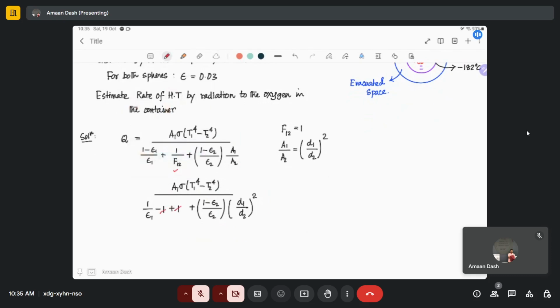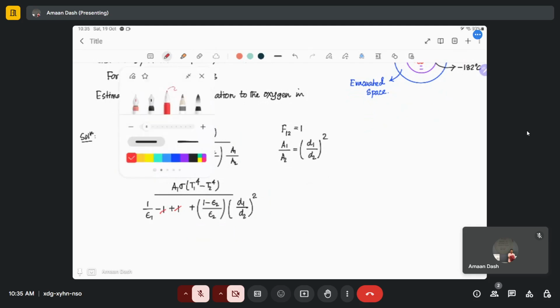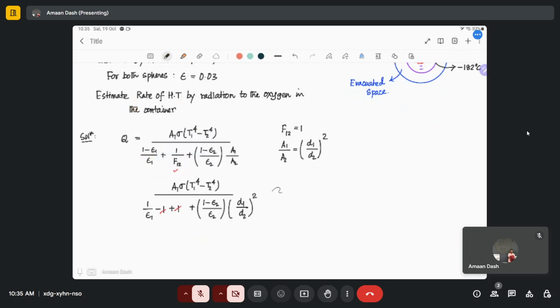So 1 and 1 will be gone. And now we have to substitute the values. Okay. So this is equal to 5.67 times 10 to the power of minus 8, and we have 4 pi r1 square, or pi d1 square we can write.